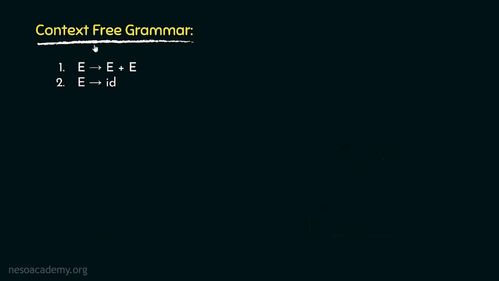So our production rules have to be modified to facilitate the restriction. Right now in the first rule, E can be rewritten as E plus E. Here, having E on both sides of the addition operator is the problematic part. So we will modify the set of rules as this.